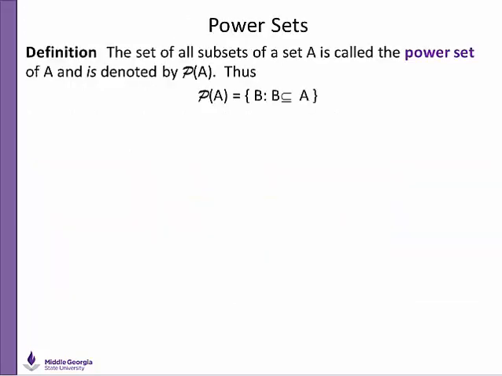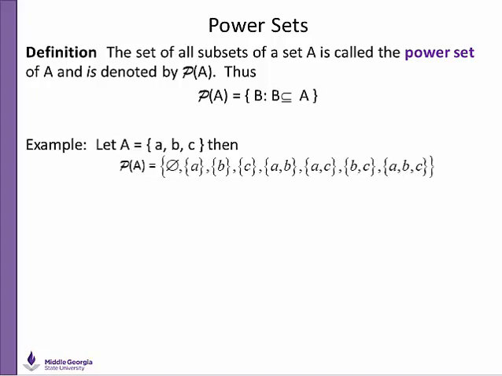Power sets. Definition. The set of all subsets of a set A is called the power set of A and is denoted by the symbols P of A that you see highlighted. The power set of set A is equal to the set containing the sets B such that B is a subset of A. Example.